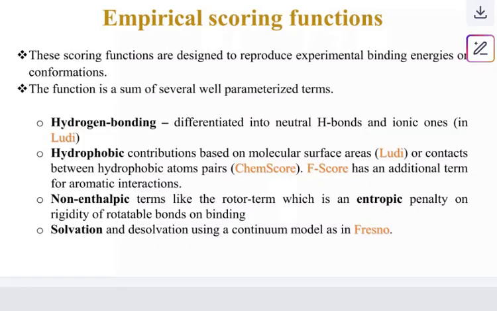ChemScore has an additional term for aromatic interaction. Non-enthalpic terms like the rotor term, which is an entropic penalty on rigidity of rotatable bonds on binding. Solvation, a dissolution using continuum model.